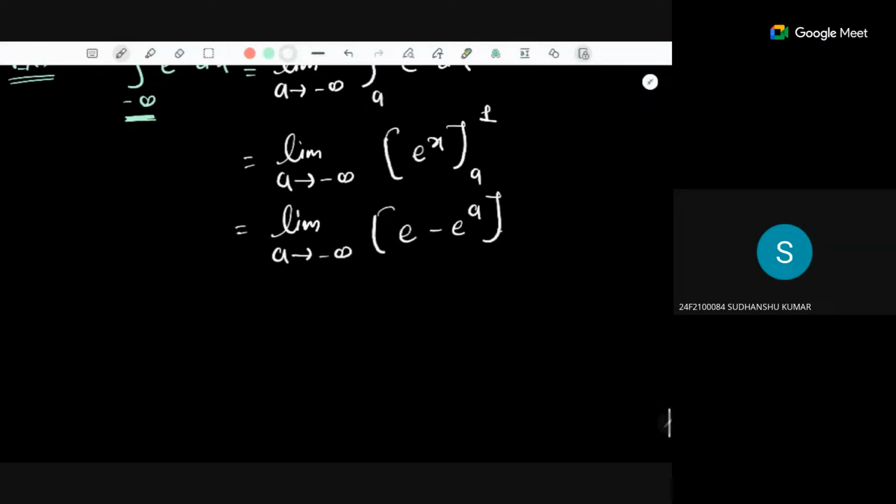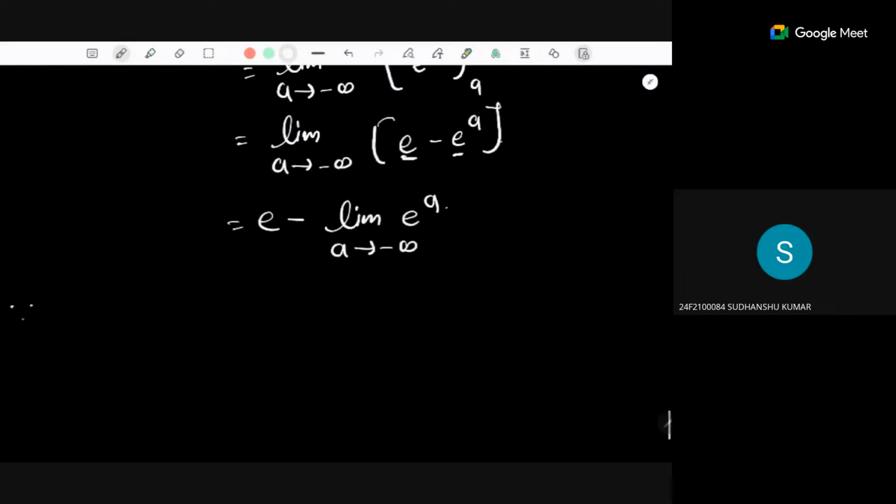And now, over this quantity, we can apply our limit. Since e is a constant, it stays as it is, the limit won't affect it at all. So we get e as it is, minus the limit as a goes to minus infinity of e to the power a.